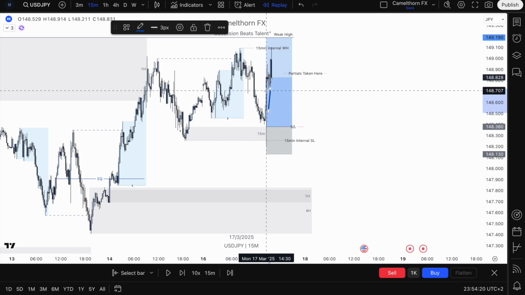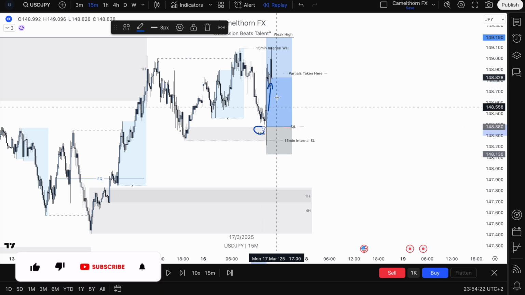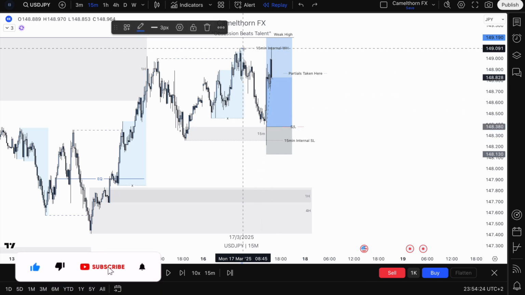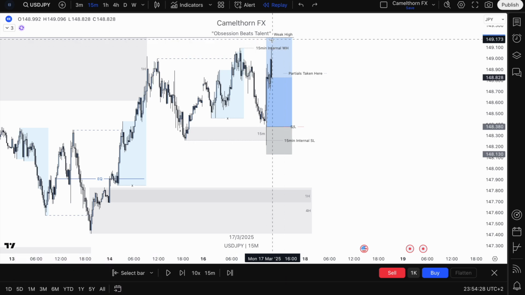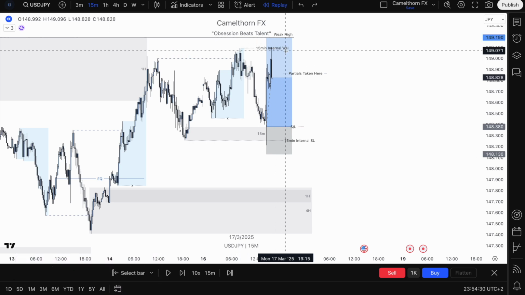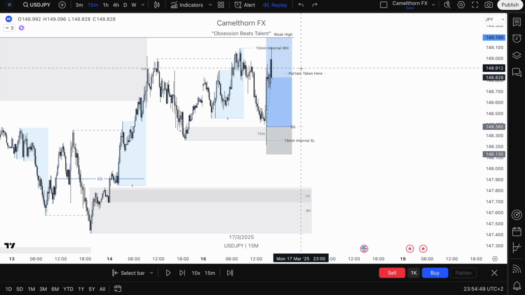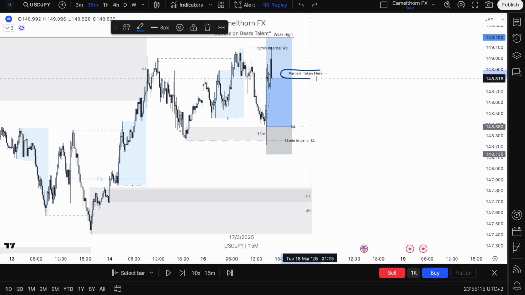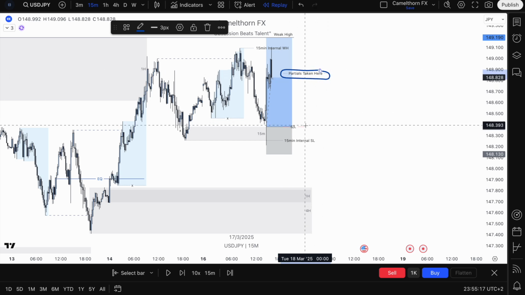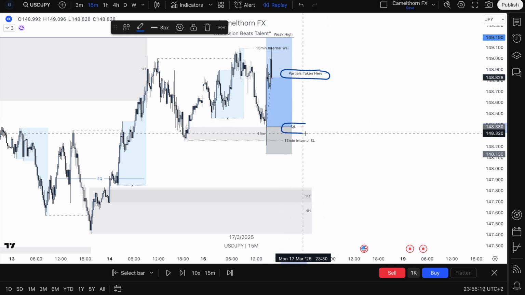Now, after that initial strong bullish reaction out of 15-minute demand, price action came in and failed to violate the 15-minute internal week high on its first attempt. Once I saw this failure, I then took partials off of my position here, and I also moved my stop to break even.